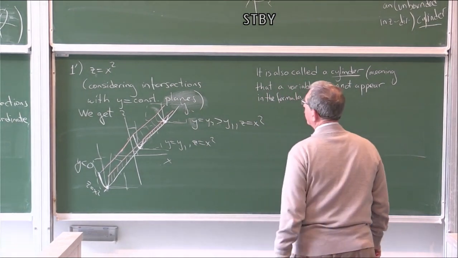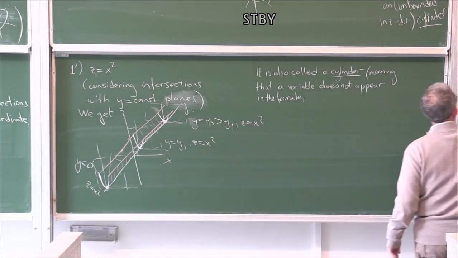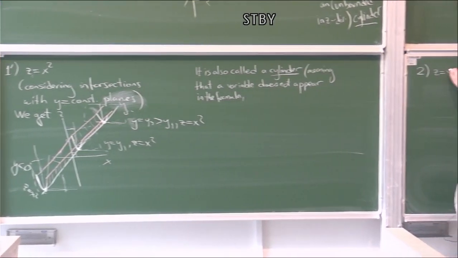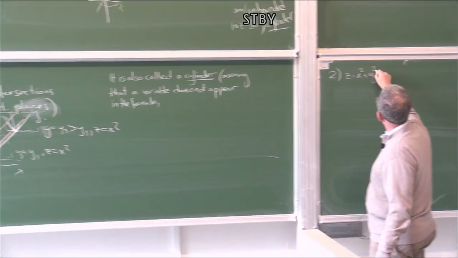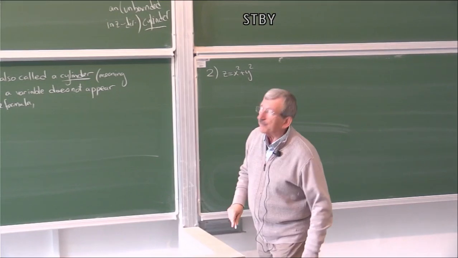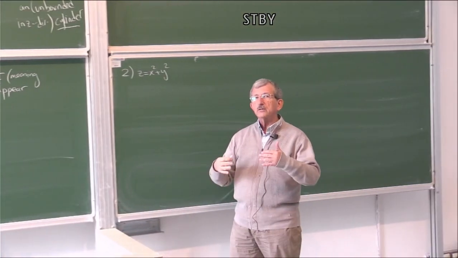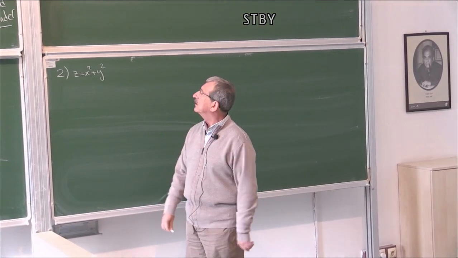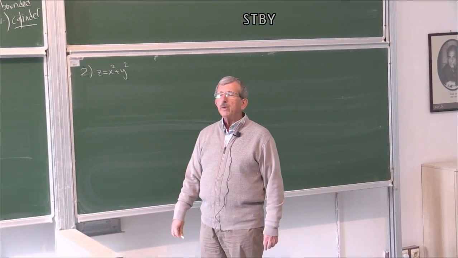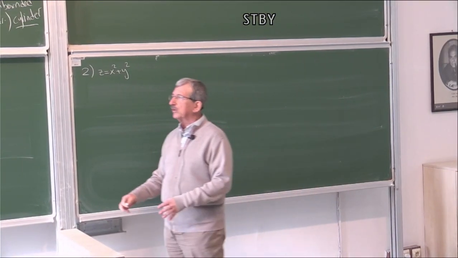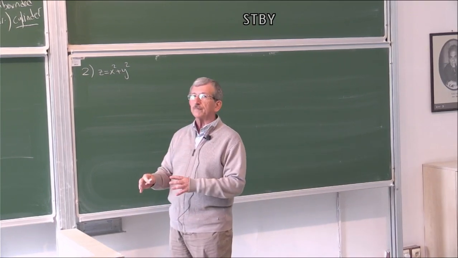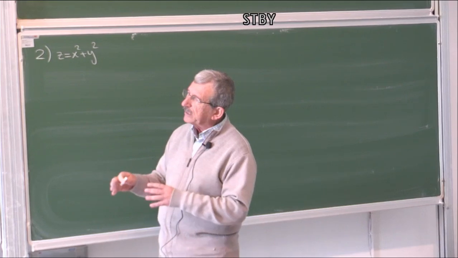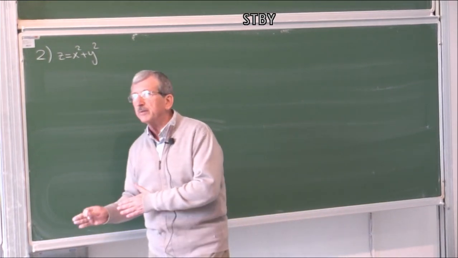As a second example, let us now sketch z is x squared plus y squared. Now this is different from the cylinders because we have all of them, x, y, and z, present in the picture. Now we can, of course, intersect the unknown surface with various planes parallel to the coordinate planes.